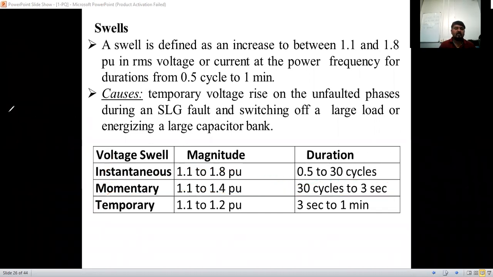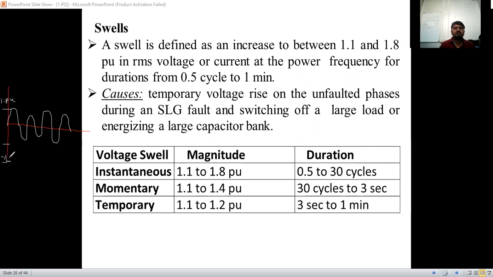Just a minute. I will draw one waveform here, so you can tell the answer for that. See here now, this one I will consider as 1 per unit. So in this one, is there any voltage sag or swell?